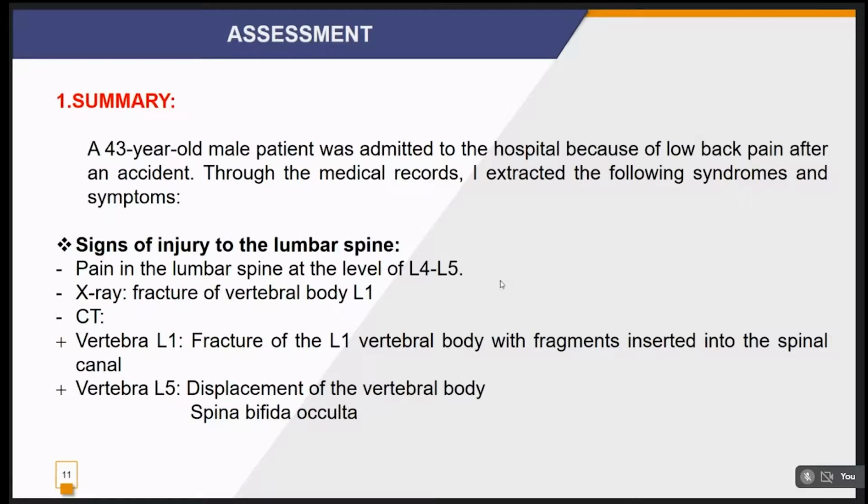On X-ray, we can see the fracture of vertebral body L1, and on CT scan, we can see the fracture of L1 with the fragment inserted into the spinal canal, and in L5 with the displacement of the vertebral body.